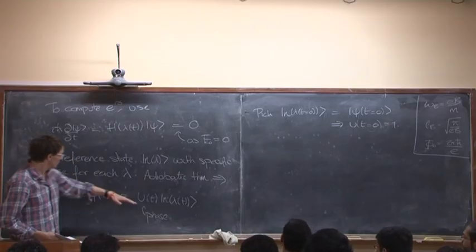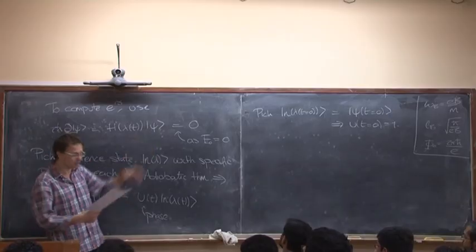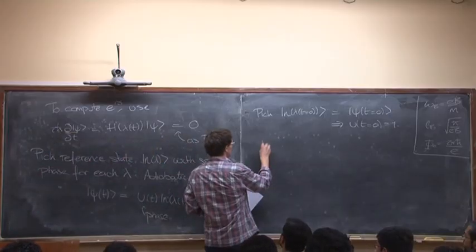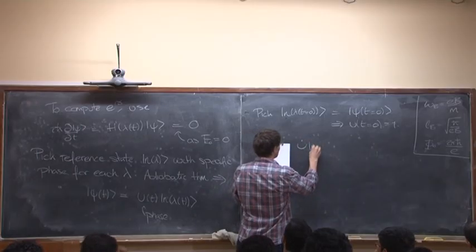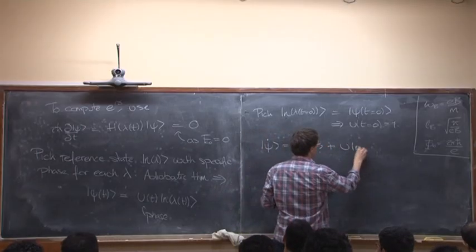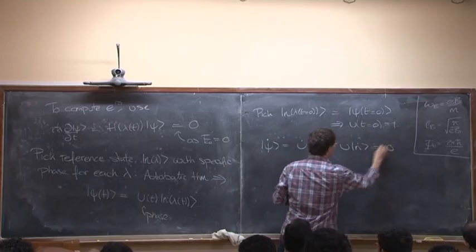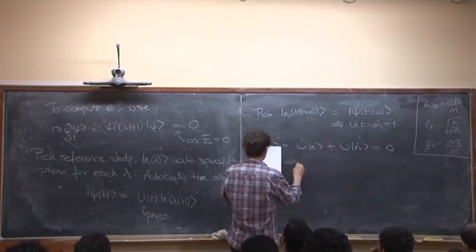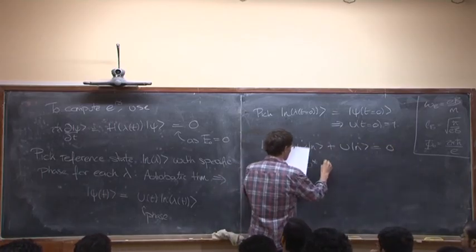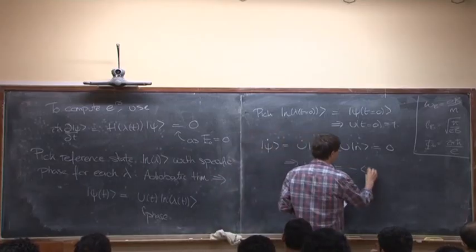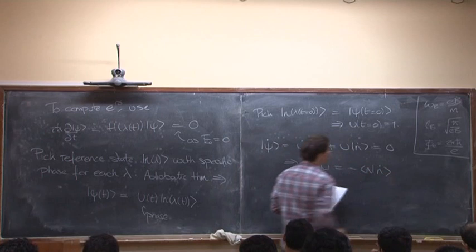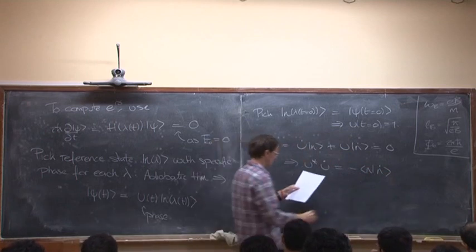And now it's very simple. We just take this formula and we plug it into the Schrödinger equation. So what do we find? We find that psi dot, u dot n plus u n dot, which has to be 0, gives u dot equals minus u times the overlap of n with n dot. U is just a phase, remember.